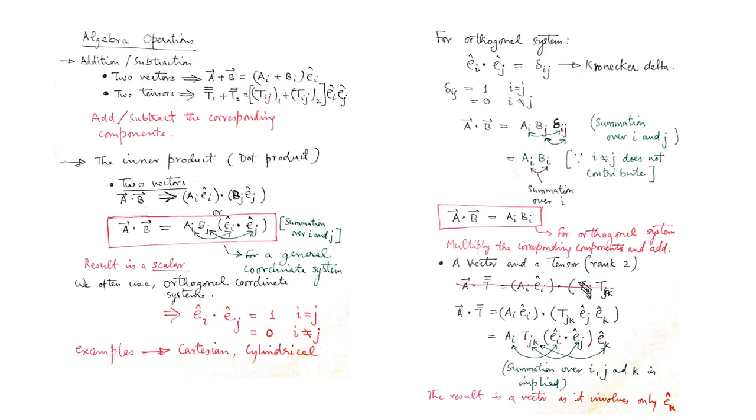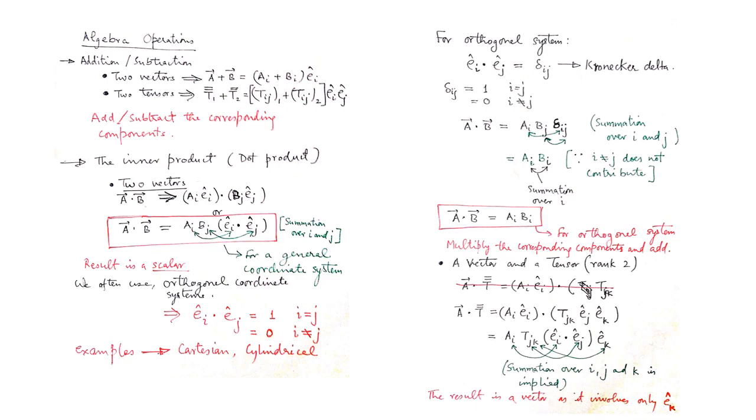So A dot B for orthogonal coordinate systems simply comes out as ai bi, and again i being a repeating index. Notice the very profound use of the fact that you have to be careful in monitoring the repeating indices, otherwise the whole indicial notation breaks down. So A dot B is equal to ai bi, and again i being a repeating index, you have summation over i.